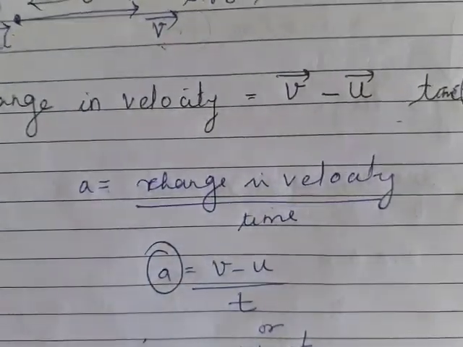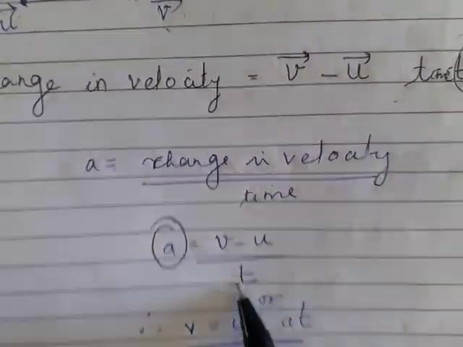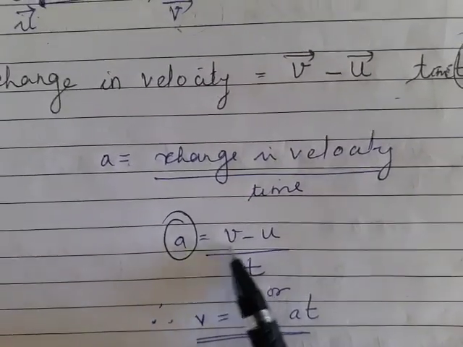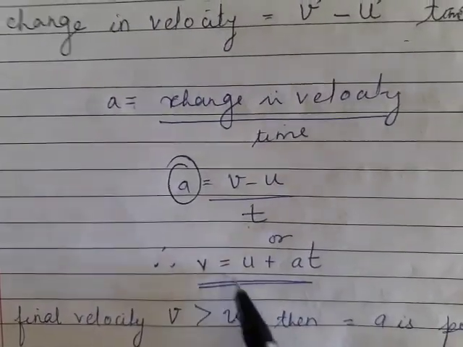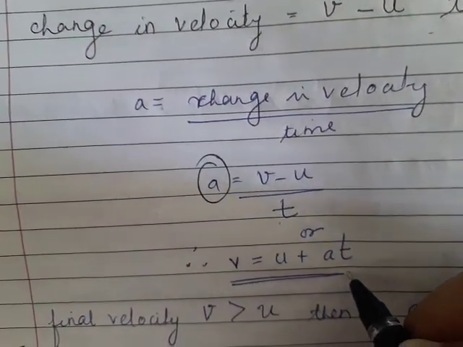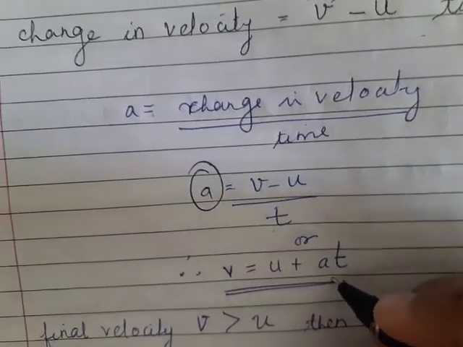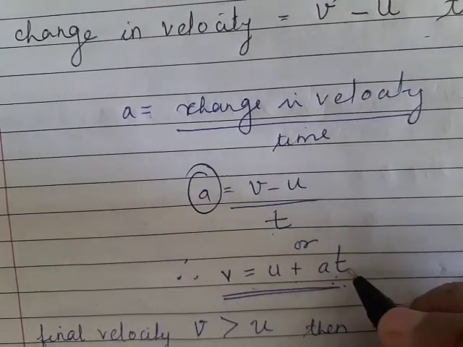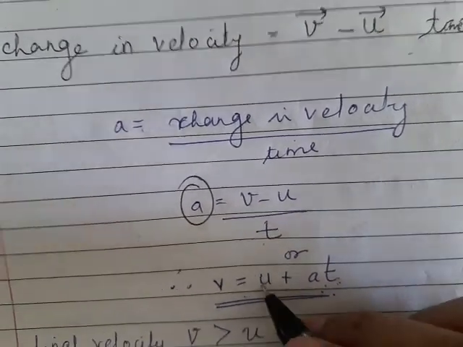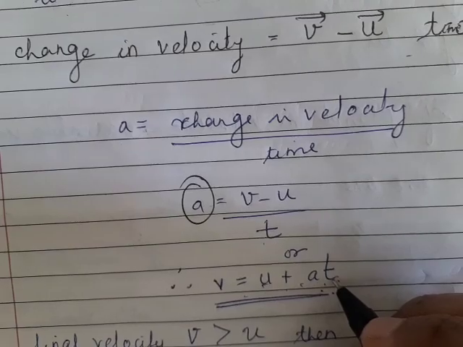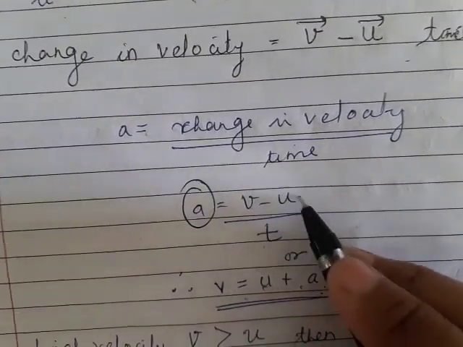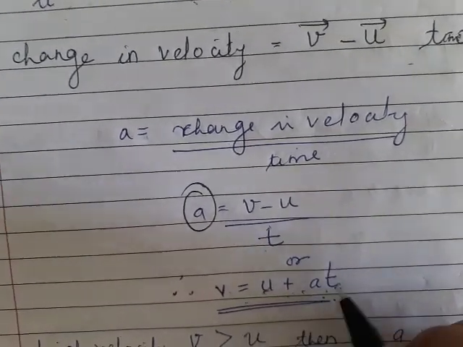From this we say v equals u plus at. This is a derivation we will study when learning about laws of motion. This is the first of the kinematic equations: v equals u plus at, where a equals v minus u upon t.